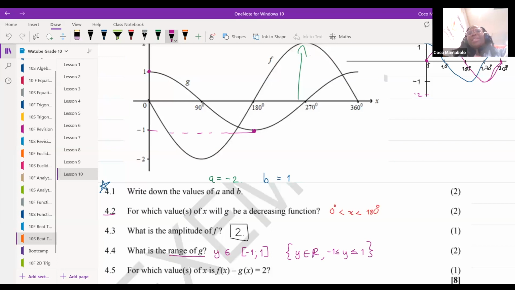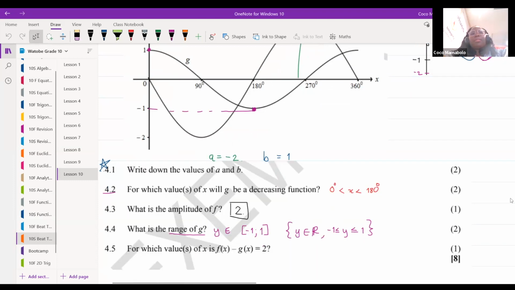All right, give me a thumbs up if the range is ringing a bell. You remember seeing these kinds of questions before? You must. Oh, Pascal, don't put the round brackets. Remember, the difference between round brackets and square brackets, very, very important.